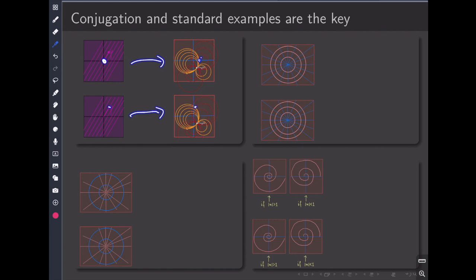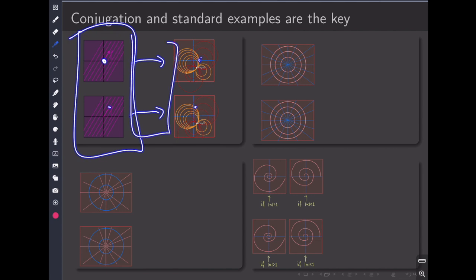So in a way, I'm saying that you just take the behavior here and map it through the conjugating transformation.